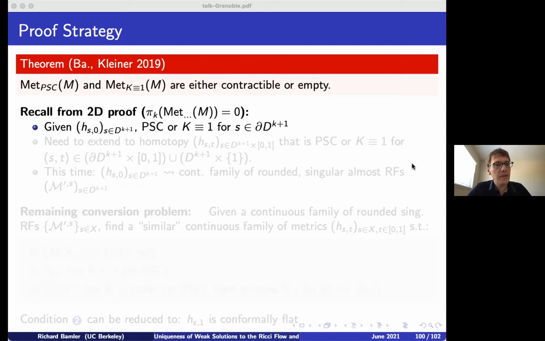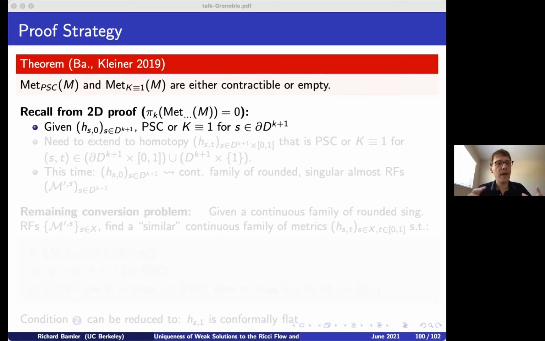Well, we would assume that there's a family, say a K-sphere, of constant curvature or PSC metrics that are given. And then we could fill in this K-sphere of metrics by a K+1 disk of just arbitrary metrics. Okay, so this is what we've done in the previous case. Right? So assume that we have a map from S^K into the set of PSC or constant curvature metrics.